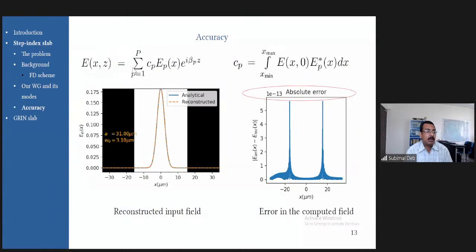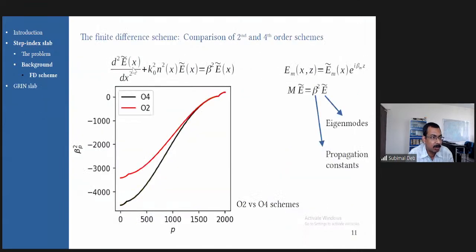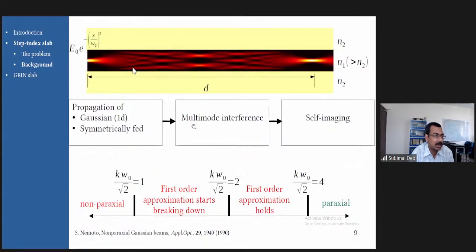Now, this scheme that we have used has to be tested for its accuracy. So the first thing we did was we checked the reconstruction of the input. We have an analytical form of the input, which I have already shown you earlier. Let me just go back and quickly show you that expression, that is E0 e to the power minus (x by W0) whole square.